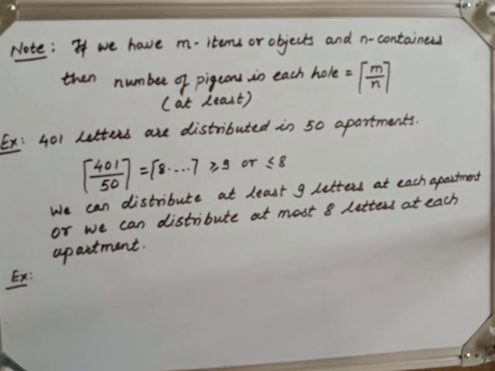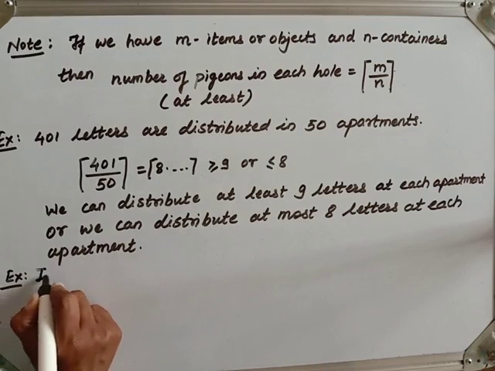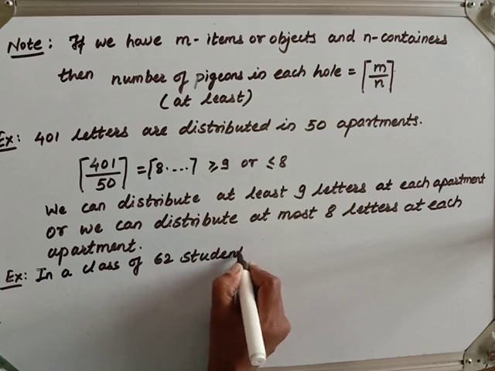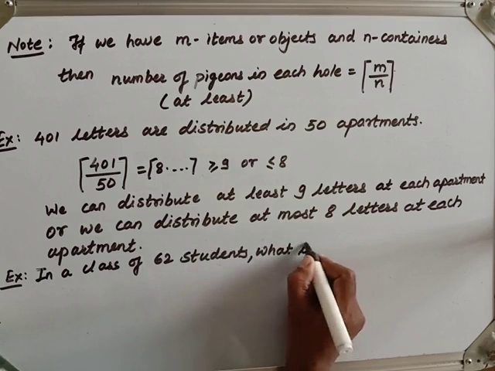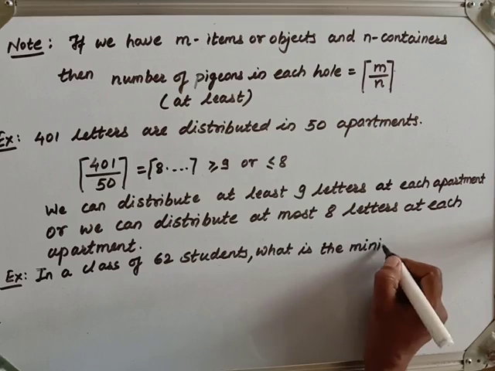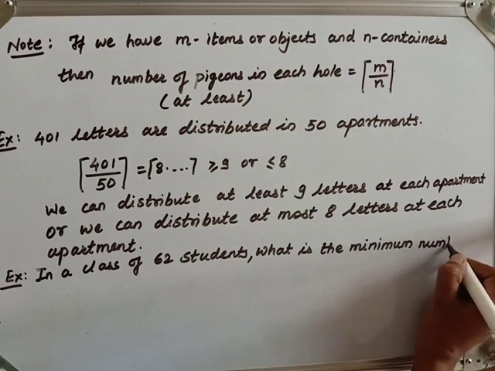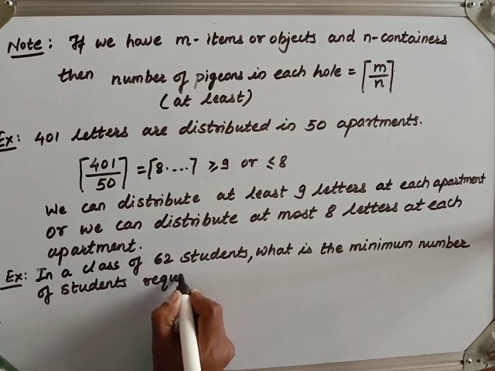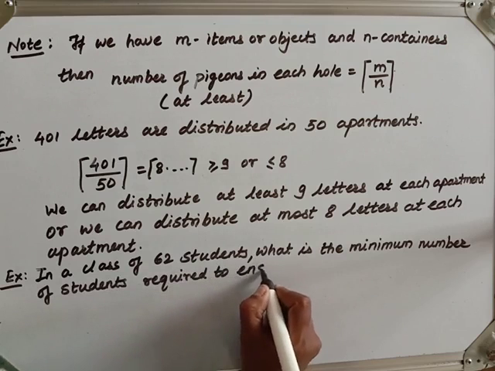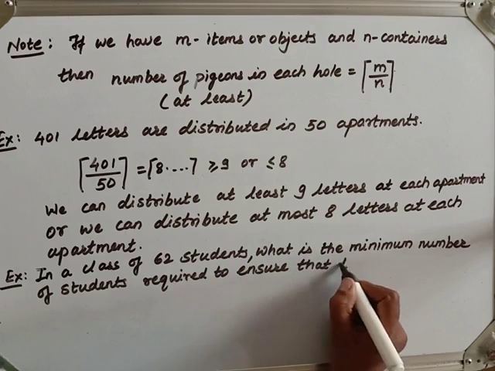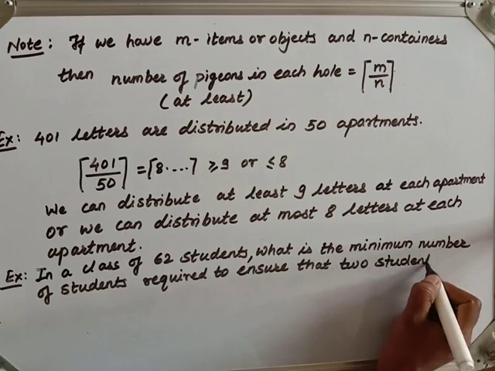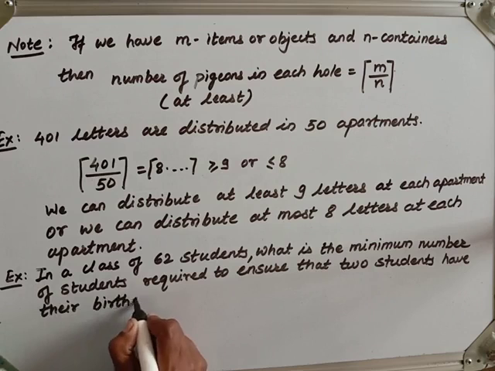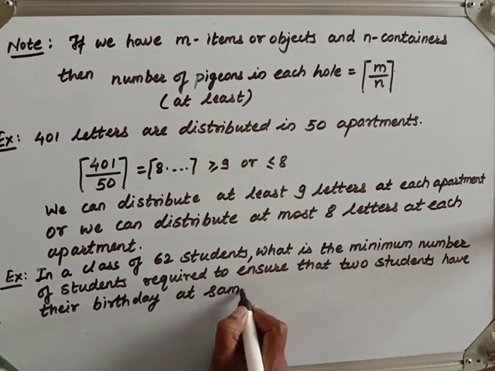Now the next example is that in a class of 62 students, what is the minimum number of students required to ensure that two students have their birthday on the same day.